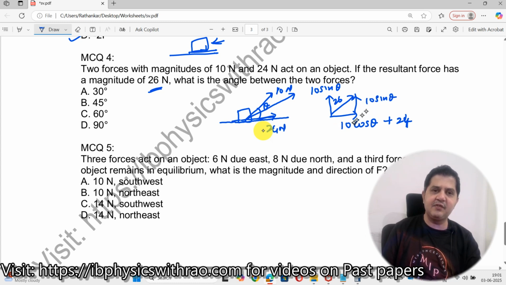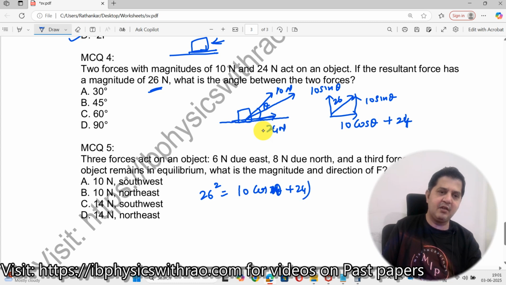Now x square plus y square equals the resultant square. So I can write 26 square is equal to (10 cos theta plus 24) the whole square plus (10 sin theta) the whole square.